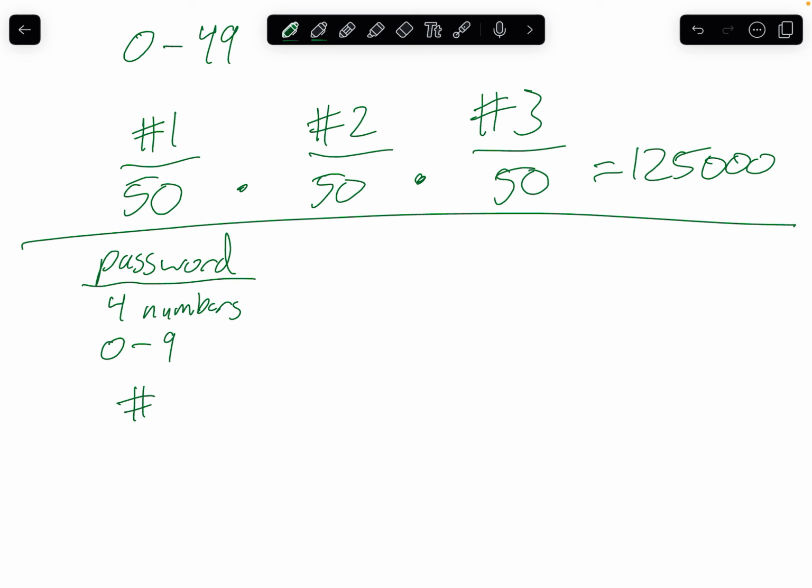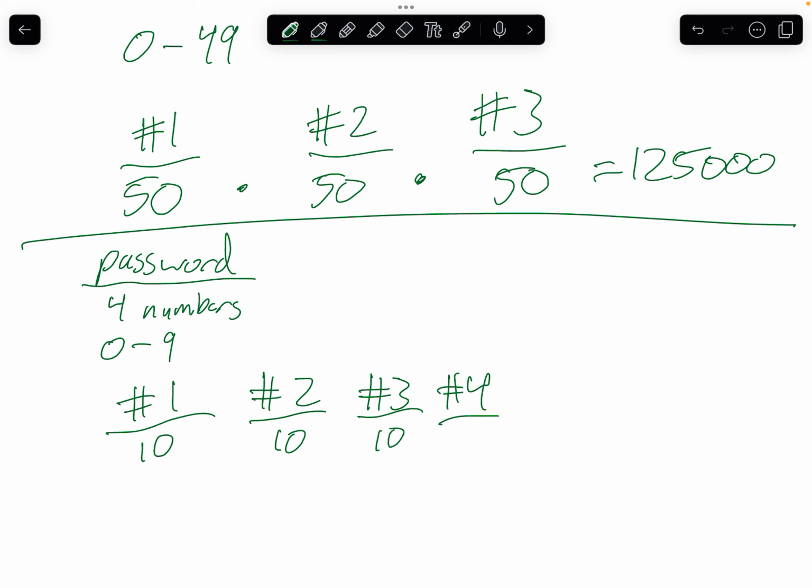So our first number, we have 10 options. Our second number, we have 10 options. Our third number, we have 10 options. And our fourth number, we have 10 options. It is not 10 times 4. It is 10 times 10 times 10 times 10. One more there. And this gives us 10,000 combinations.